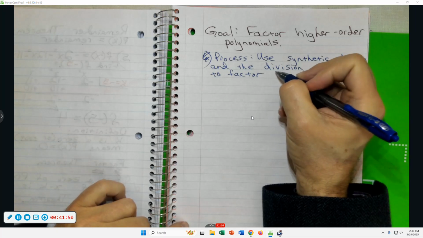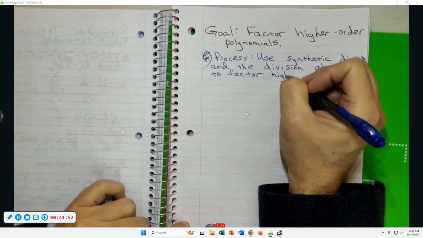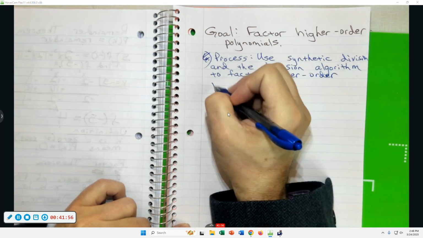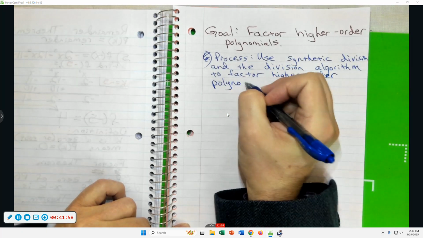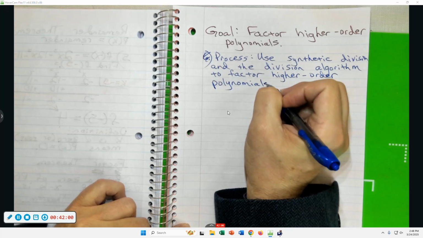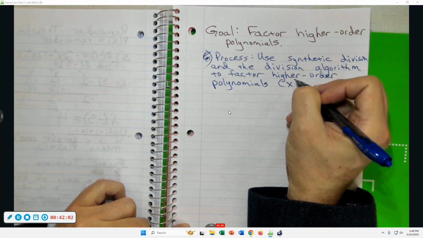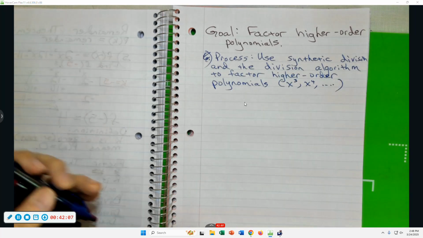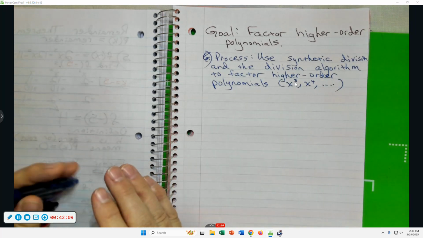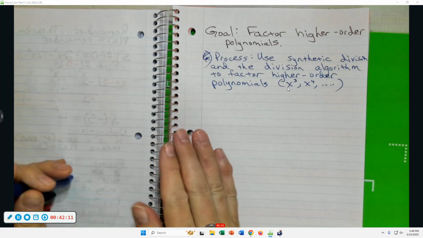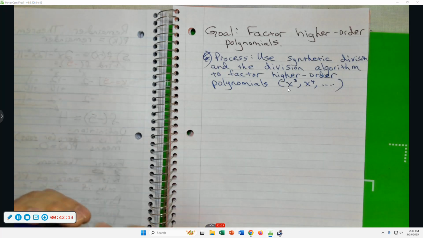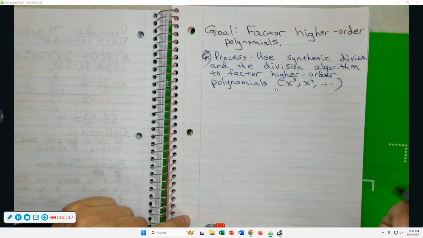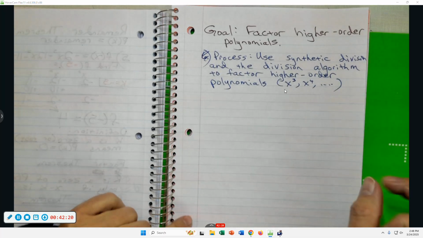Those are higher order polynomials. We know how to factor quadratics, but we're going to use synthetic division and the division algorithm to break it down to something that's quadratic.